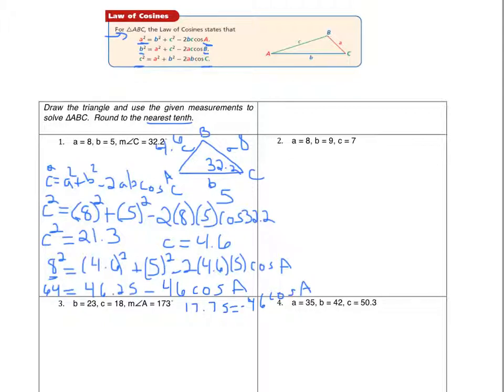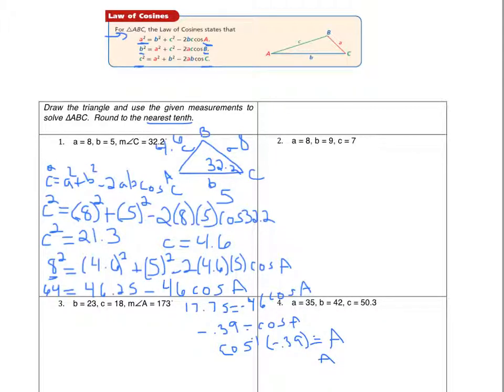And I get negative 0.385 equals my cosine of A. So if I take the inverse cosine of negative 0.39, I will get my angle A.